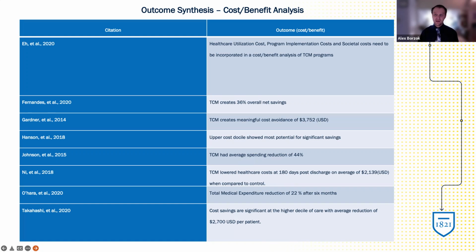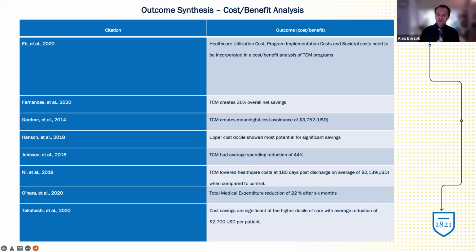You can, and that's going to help with subsidizing the service line. But the biggest advantage to having the service line is through cost avoidance. Practices report up to $3,700 of cost savings through cost avoidance, and the percentage spending reduction goes up to 44%, with a minimum of about 22%.